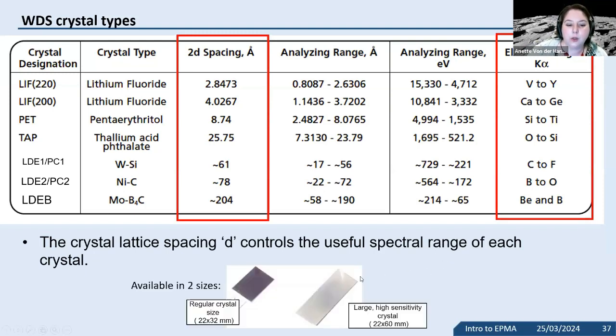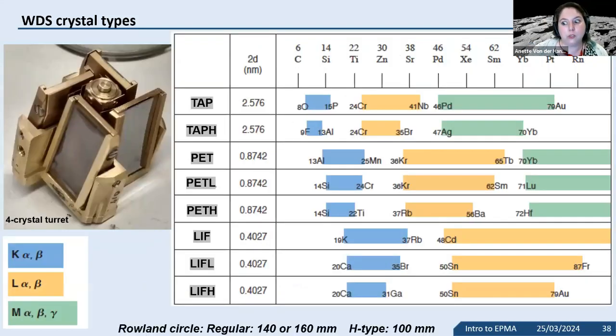And nowadays, as I mentioned, there are also high sensitivity crystals. So in more modern instruments, we can find large crystals versus regular crystals, and they usually have two to three times the intensities. And that's important when it comes to count times, though it again depends on what specifically you're working with.